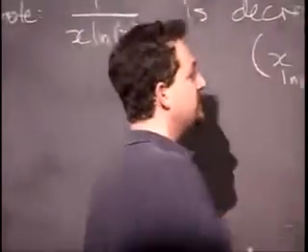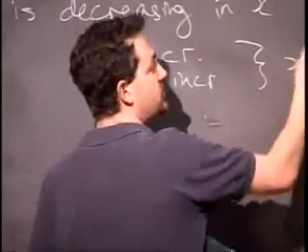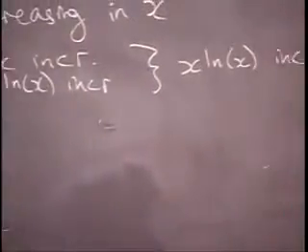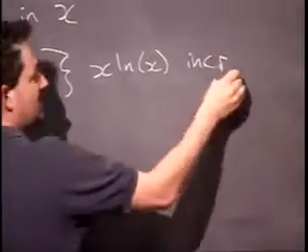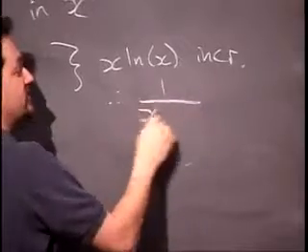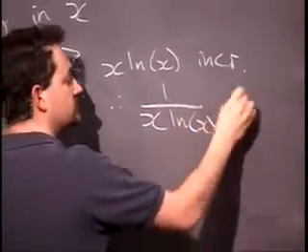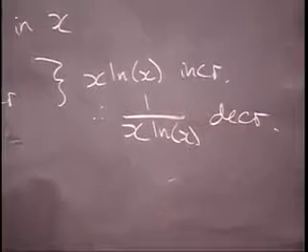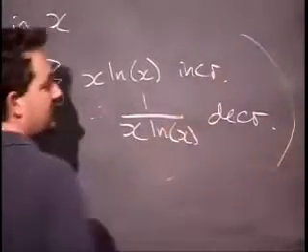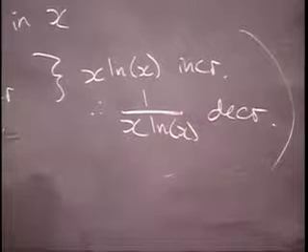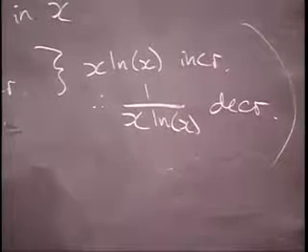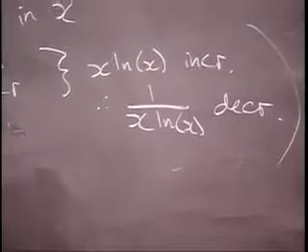Goes up. Therefore, x log x is increasing. If you multiply two increasing functions, you surely get an increasing function. And therefore, the reciprocal is decreasing. That's a little bit of justification without using any calculus. Common sense, really. Now, that is an important condition because the integral test requires it.